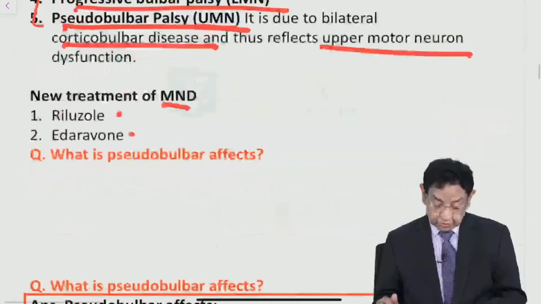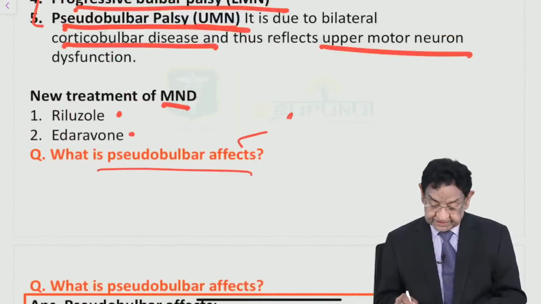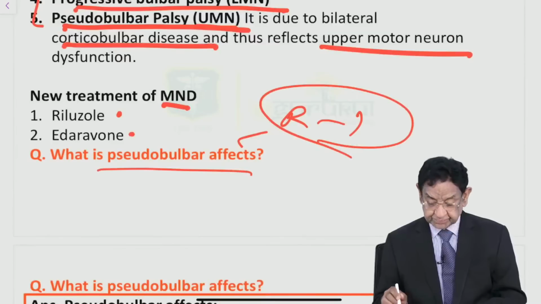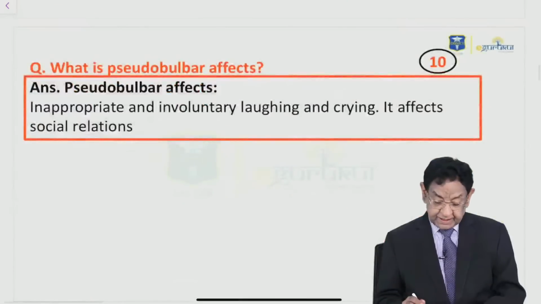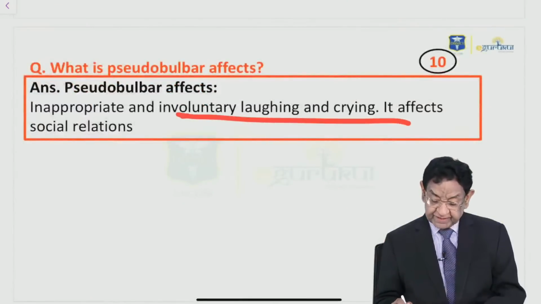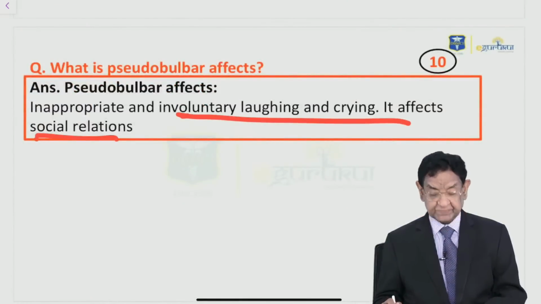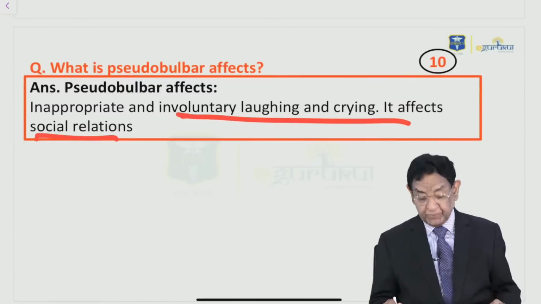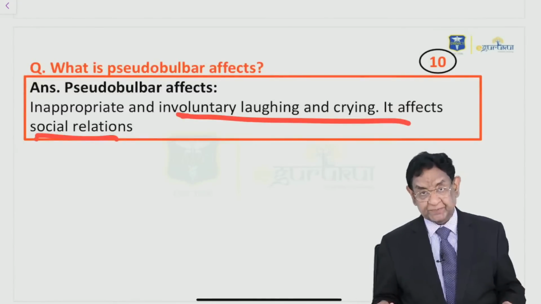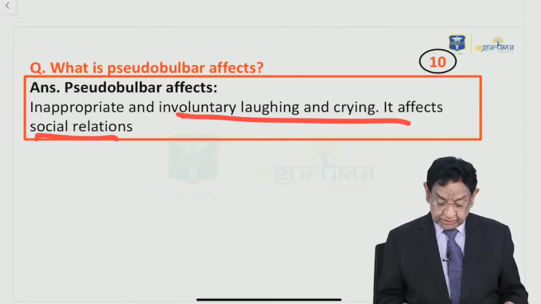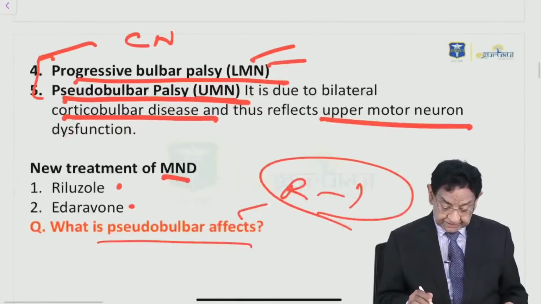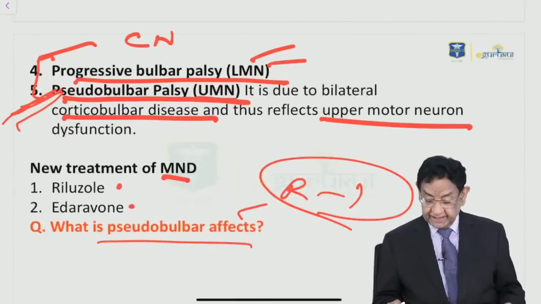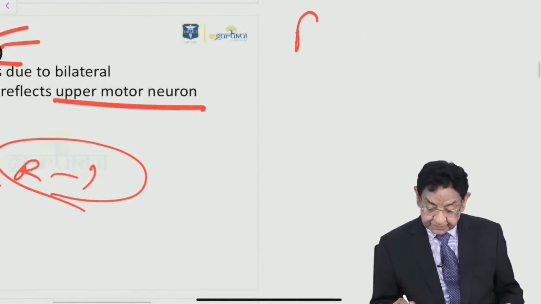What is pseudobulbar affect? This is a rank number 1 question. This you should know. Inappropriate and involuntary laughing or crying, it affects social relations. Very, very important point. Let me explain to you. There is one patient who has pseudo-bulbar palsy. He goes to a party.